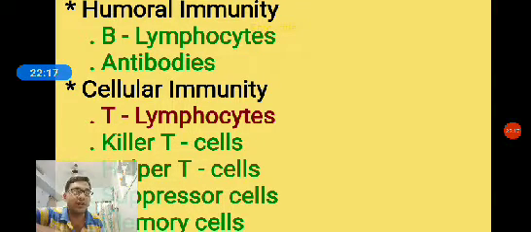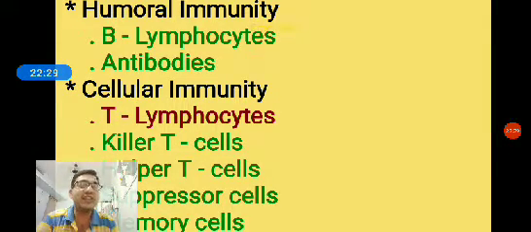The definition of humoral immunity: the B lymphocytes act indirectly against the antigens by producing antibody.